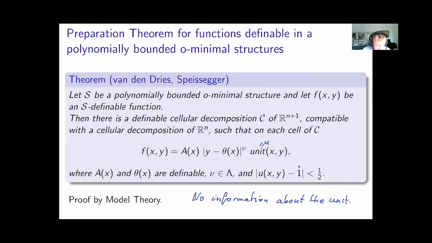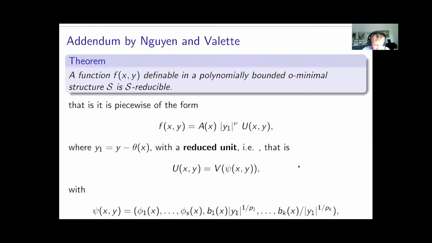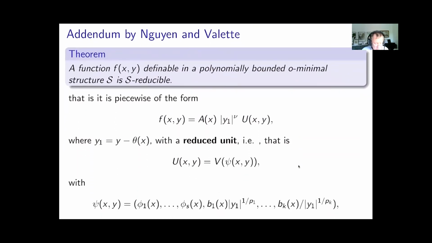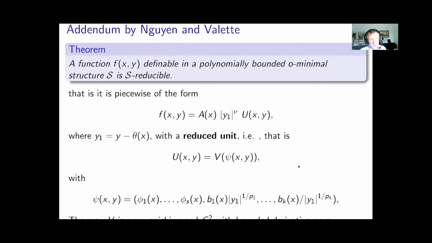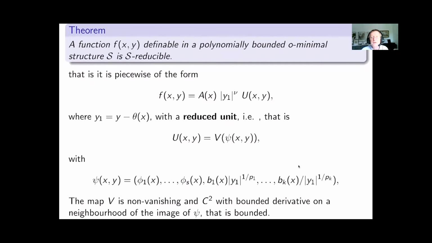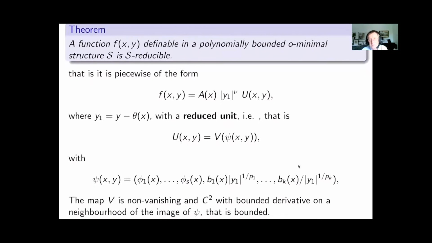But this was recently, a few years ago, improved by Nguyen and Valette, who, using the original theorem of van den Dries and Speissegger, proved it for f, but also for its derivative, df/dy. They proved the theorem with extra information about the unit, which is more or less similar to the information we had before, except that there is no way of saying that this function is analytic.